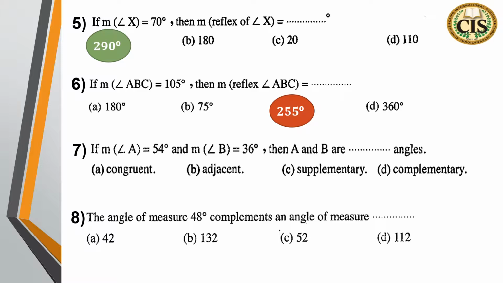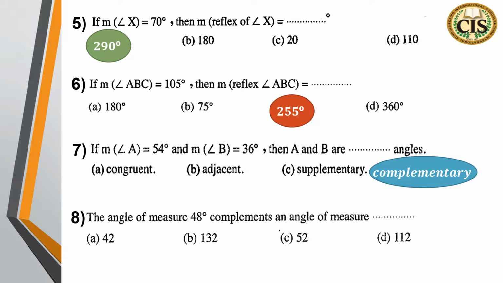If measure angle A equals 54 and measure angle B equals 36, then A and B are complementary angles. Their sum equals 90, so they are complementary angles. The angle of measure 48 complements an angle of measure what?